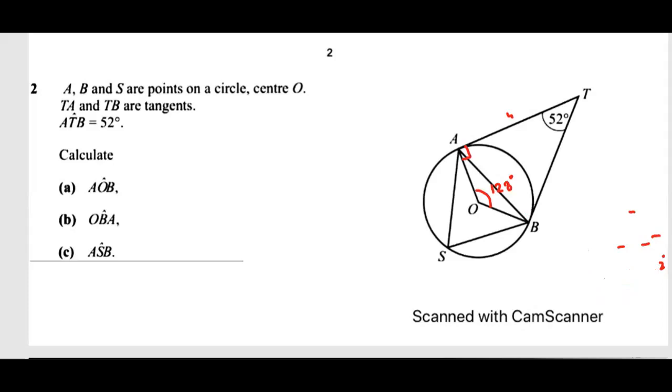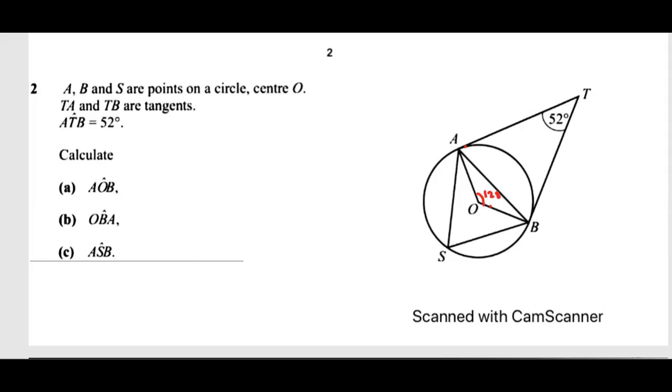Now we have to calculate part B, that says angle OBA. That is easy actually. I will rub this 128 as well because it's taking too much space. Okay, so I got an answer from Saneem already. Very good, Saneem, excellent. So this angle turned out to be 128.